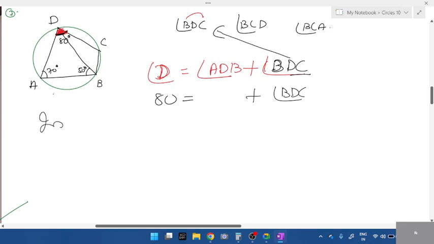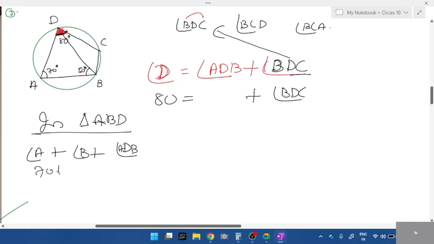Take this triangle ABD. In triangle ABD, students, what are the 3 angles we have? Angle A plus angle B plus angle ADB or angle D. It's a scalene triangle. Find ADB: 70 plus 50. All of you will find angle ADB, students.